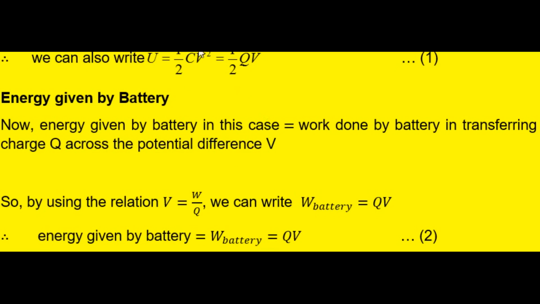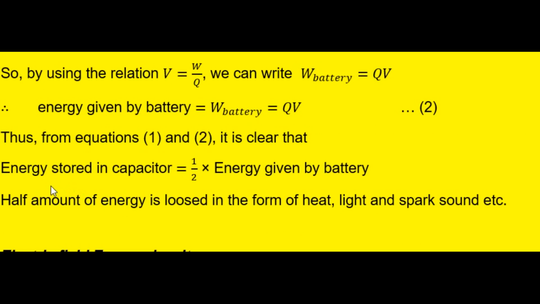But the energy stored on the plates of the capacitor is half QV. So we can say that the energy stored in the capacitor is half the energy given by the battery. Half the energy is lost in the form of heat, light, spark, sound, etc.